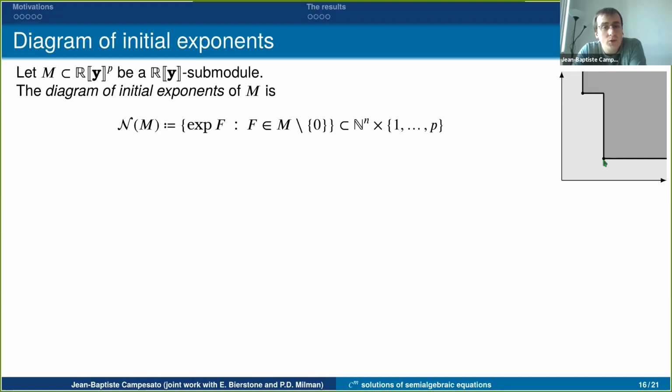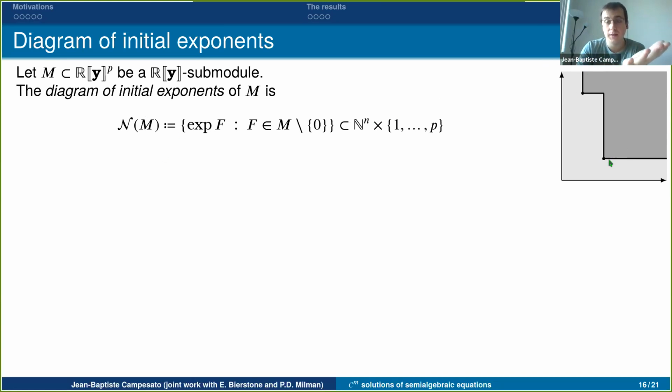But since that's a module, it is closed by scalar multiplication. So if I have this point, I can multiply it by y1, and I have the point on the right. Similarly, I can multiply by y2, so I have the point above, and so on. Because a module is closed by scalar multiplication, the diagram of initial exponents looks like that.